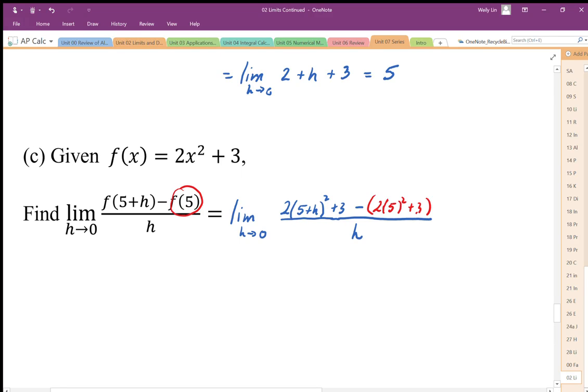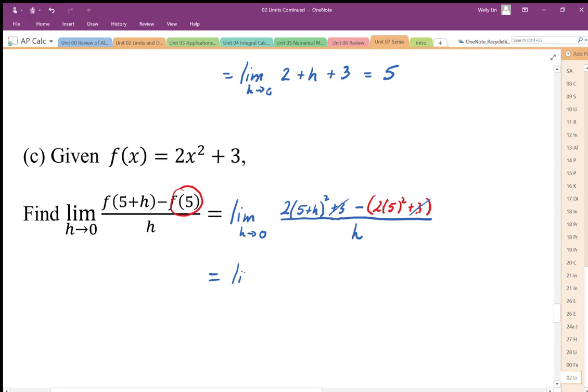So then I've got it all set up. I'm going to end up with 53 minus 53, which is 0, divided by 0. That's a problem. So I want to simplify this algebraically. It looks like that plus 3 and this minus 3 will cancel out nicely, so I'll do that first.